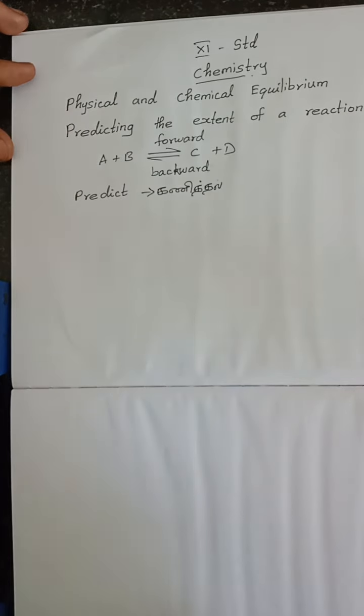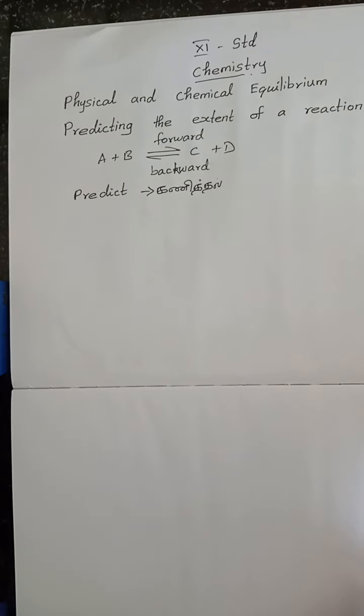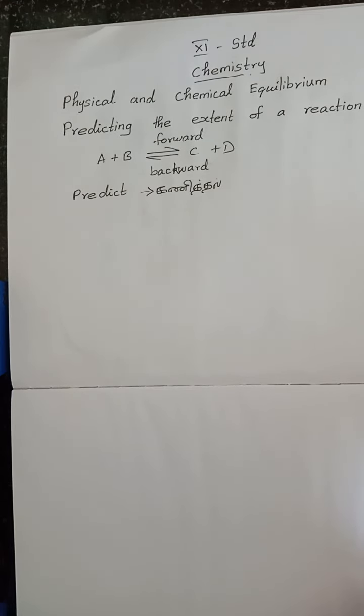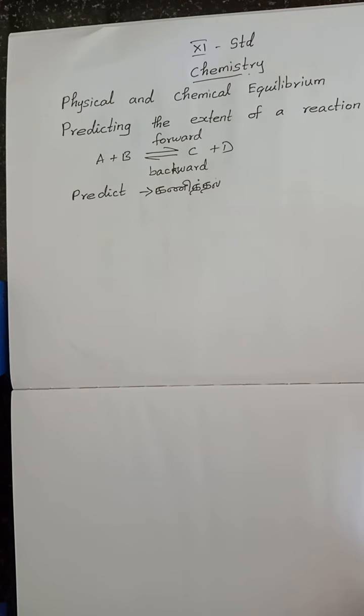Okay, children, in your book, 8.7, the application of equilibrium constant. The first point, predict the direction in which the net reaction will take place. The direction means whether the chemical reaction is proceeding in the backward reaction or the forward reaction.